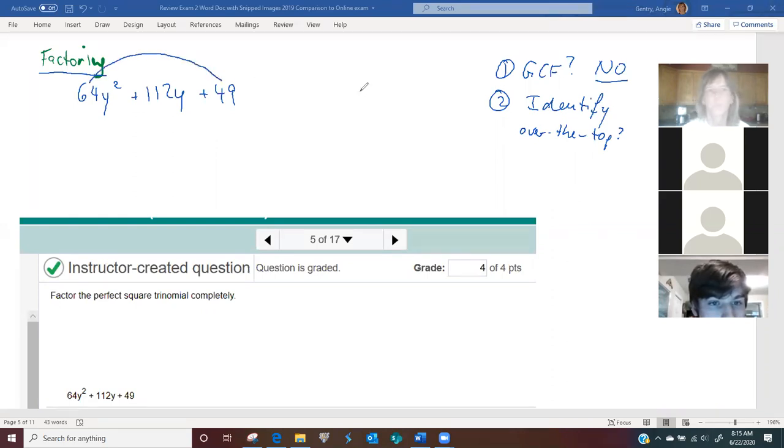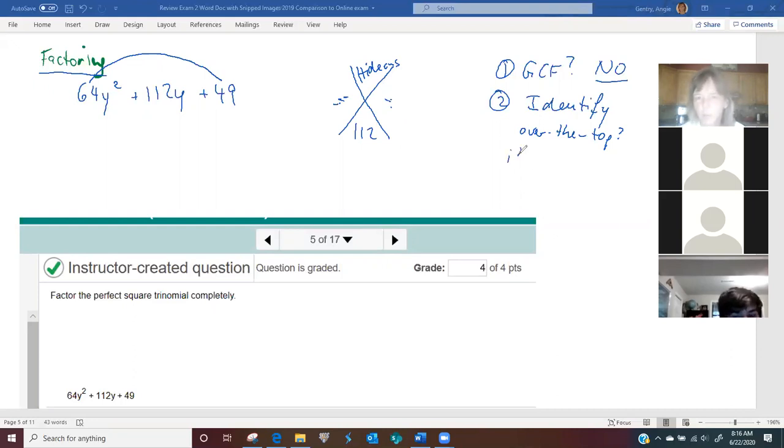Please don't write this down. But if I go over the top, I don't even have a calculator handy, but I know that 64 times 49 is hideous. So I'm just going to say the number is huge. I don't want to deal with this because then this has to be 112. Can you imagine? There's going to be so many things I have to mess with to come up with that as a product and that as a sum.